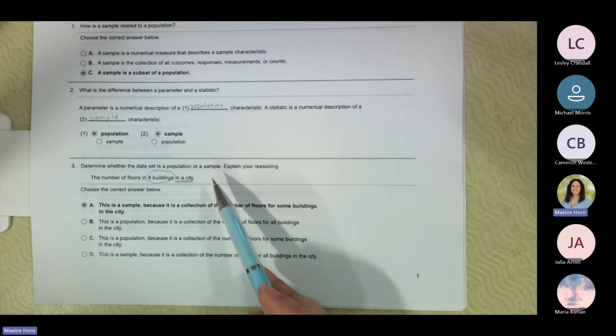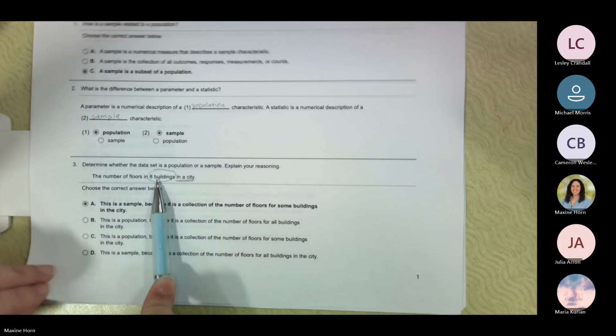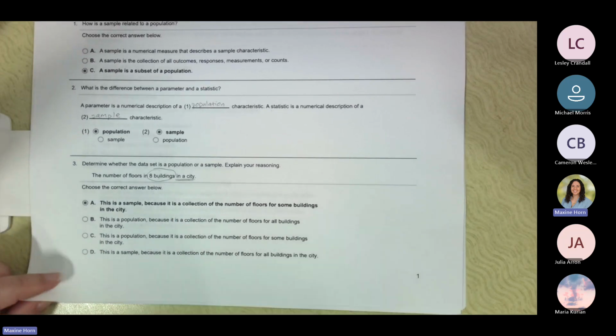In a different problem, the city might be the sample, because maybe they do something in just one city, and the population might be the whole state. It just depends on each individual question. The sample is the smaller subset of the population, so this one's a sample: a collection of 8 buildings.